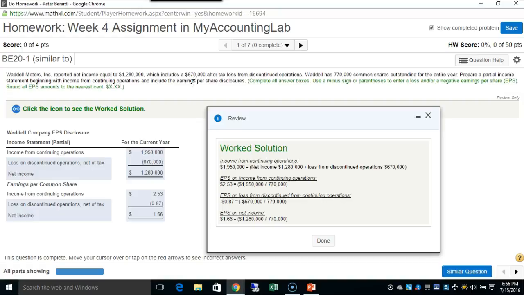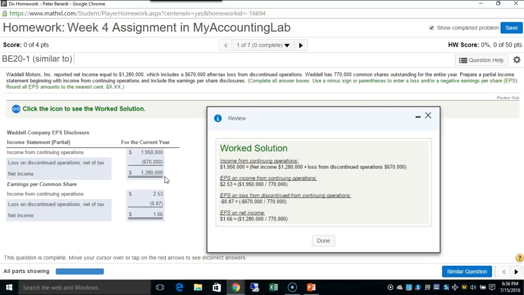So if our net income has a loss of $670,000 in it, therefore we have to gross up the $1,280,000. We have to add the $670,000 to it to get income from operations, which is one of the questions in the problem.